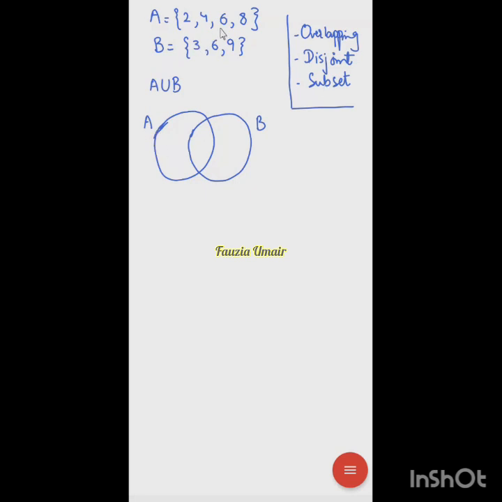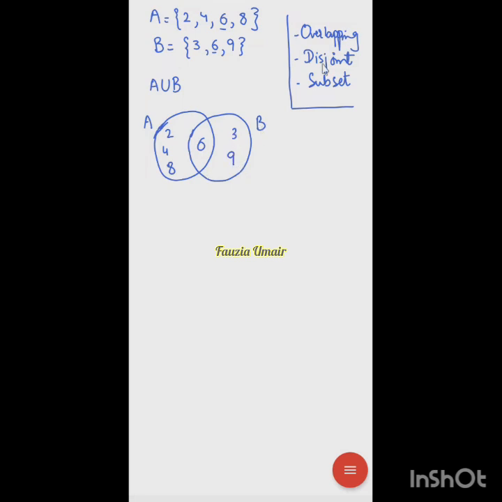Why? Because 6 is common. So 6 will be written in the overlapping area, the area where the two sets overlap. We will write the common element here and the non-common elements here. 2, 4, 8 only belong to set A, so they will be written on this side. And 3 and 9 only belong to set B, so they will be written in this area.